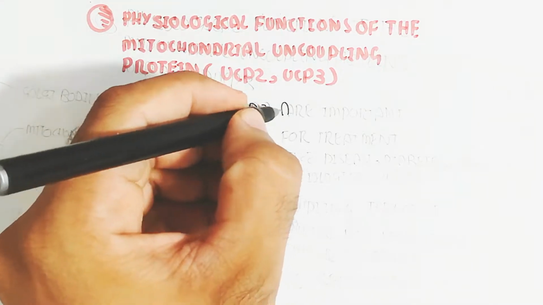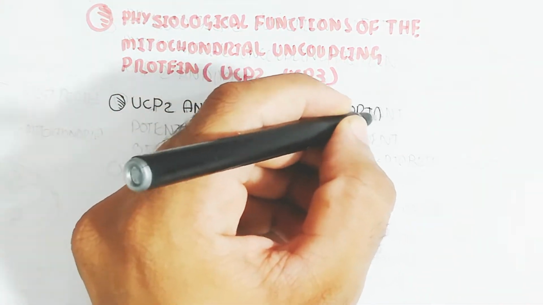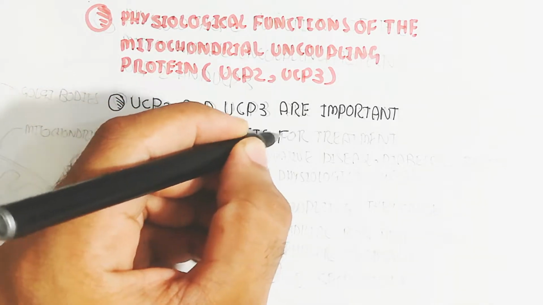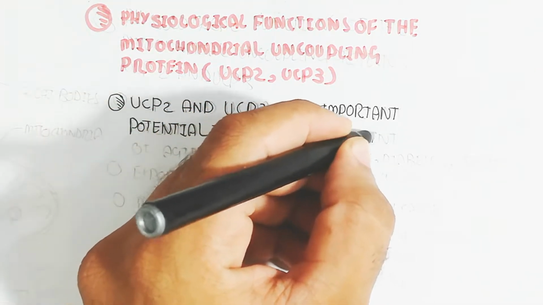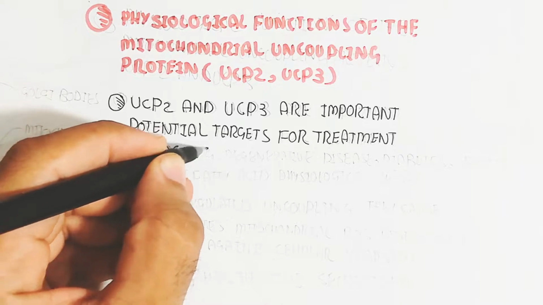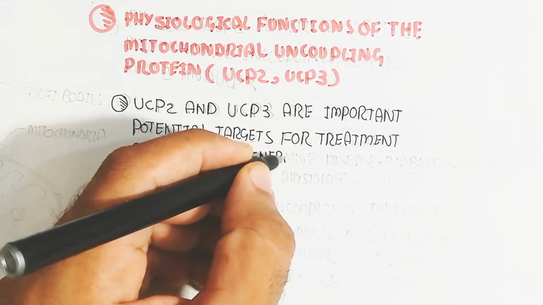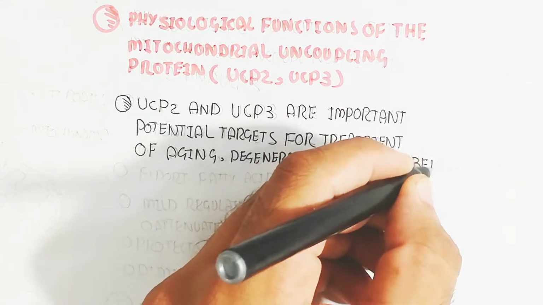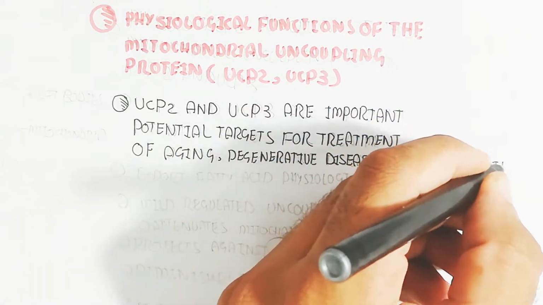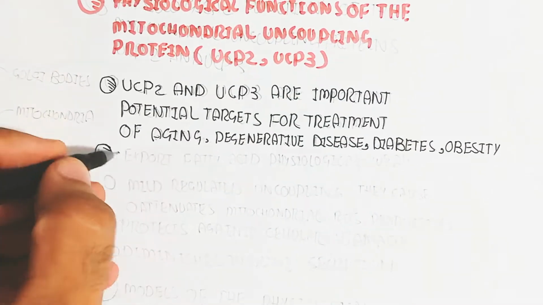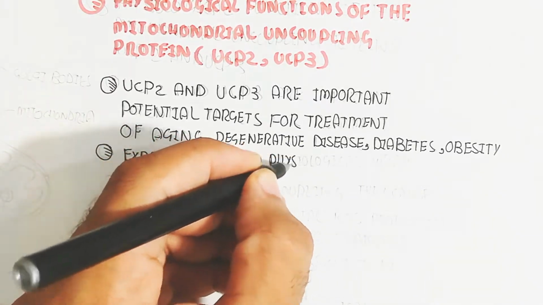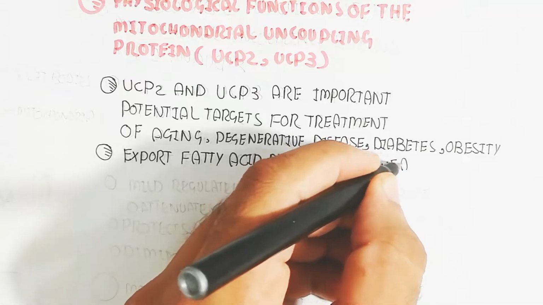UCP2 and UCP3 are important potential targets for treatment of aging, so basically aging and degenerative disease, diabetes, and obesity. They also export fatty acids, and although the physiological effect is weak, it can provide mild regulated uncoupling.